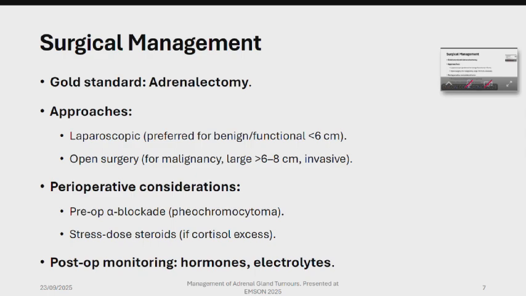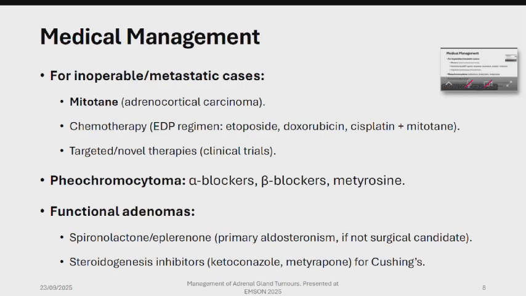And for cortisol excess, we need to also give a stress dose of cortisol pre-operatively, so that we don't have an adrenal crisis post-op. Then we need to also look at the hormones and the electrolytes and make sure that they are correct. In patients who have inoperable metastasis, then medical management is the way to go.